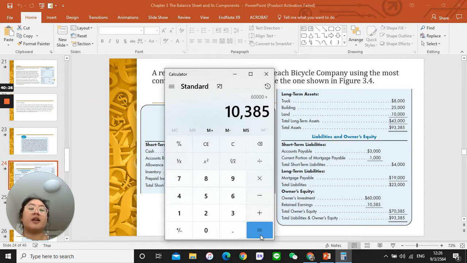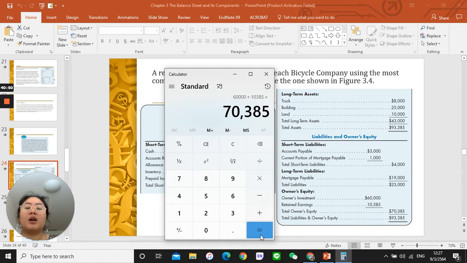Normally the retained earning comes from the last year, but this one is the first year. So it comes from January until December of 2006, for this balance sheet of Solana Bicycle.